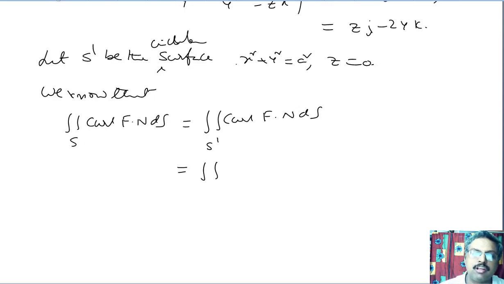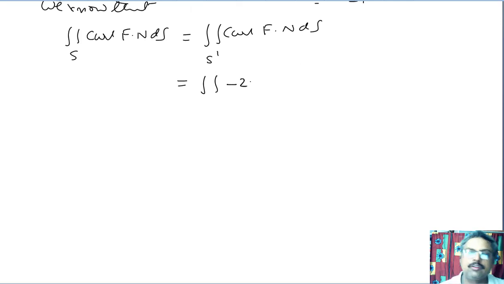Now what is n? Using the same procedure, n equals k, the z axis, and curl F dot n equals minus 2y. So we have minus 2y dx dy, which is in the xy plane, over the surface S dash.